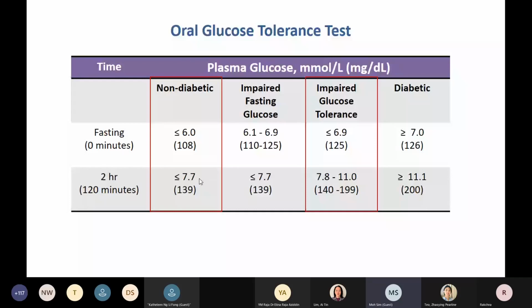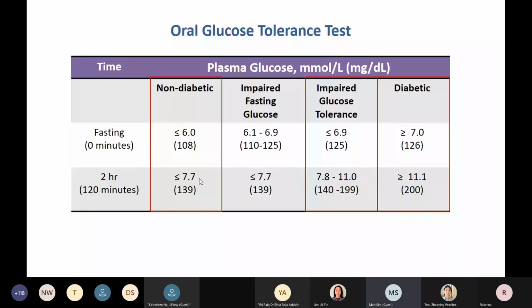Diabetes is diagnosed if a patient's fasting glucose level is greater or equal to 7 millimoles per liter or 126 milligrams per deciliter, and the 2-hour glucose level is greater or equal to 11.1 millimoles per liter or 200 milligrams per deciliter.